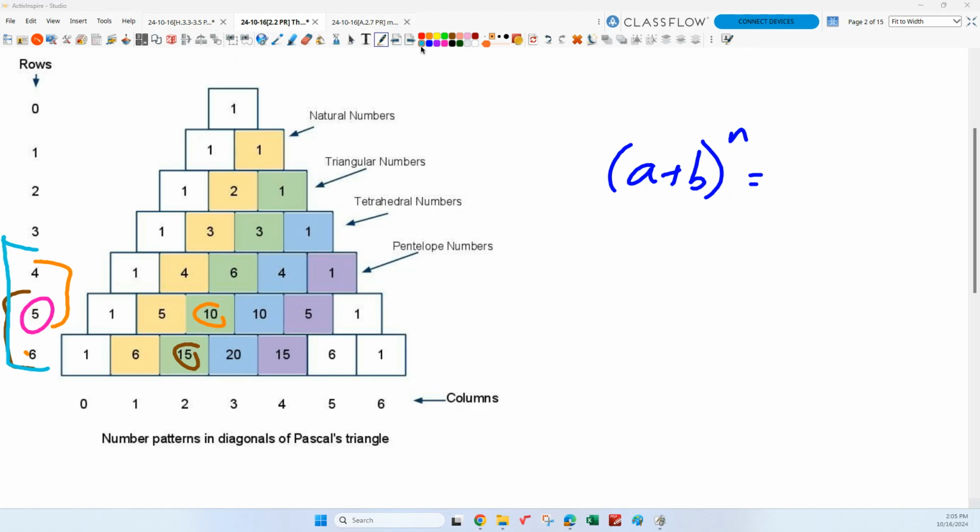Product of n times n minus 1 times n minus 2, divided by what? 6, right? 6 times 5 times 4 is 120, divided by 6 is 20. 5 times 4 times 3 is 60, divided by 6 is 10. 4 times 3 times 2 is 24, divided by 6 is 4. So there is a pattern there too.